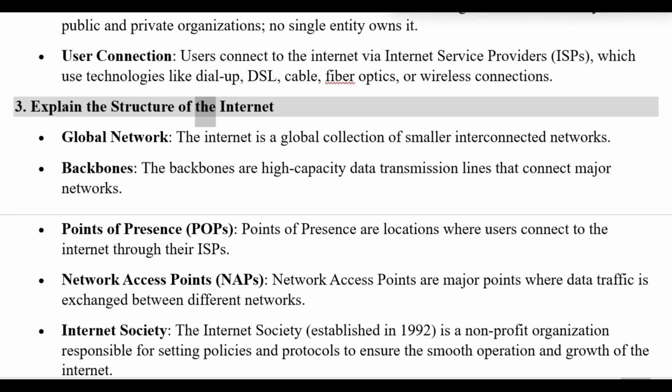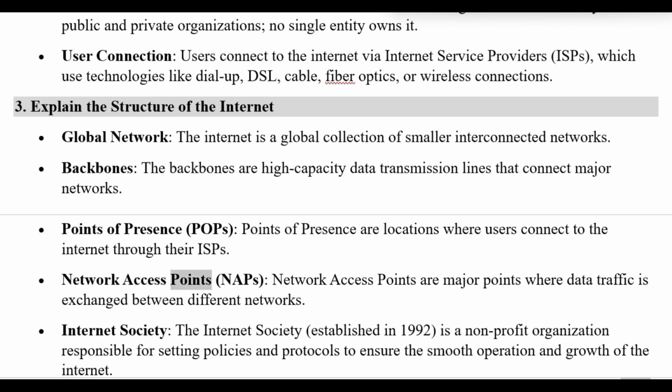3. Explain the structure of the Internet. Global network. The Internet is a global collection of smaller interconnected networks. Backbones. The backbones are high-capacity data transmission lines that connect major networks. Points of presence, POPs. Points of presence are locations where users connect to the Internet through their ISPs.